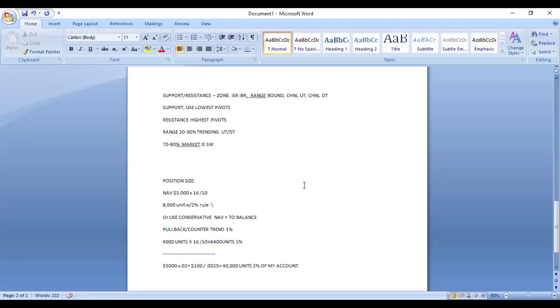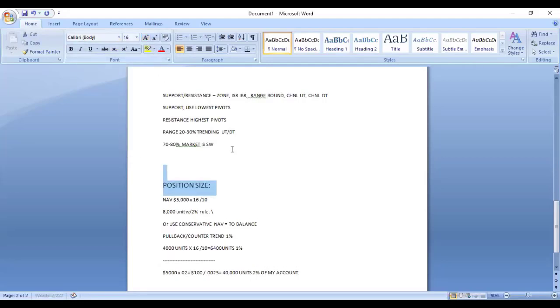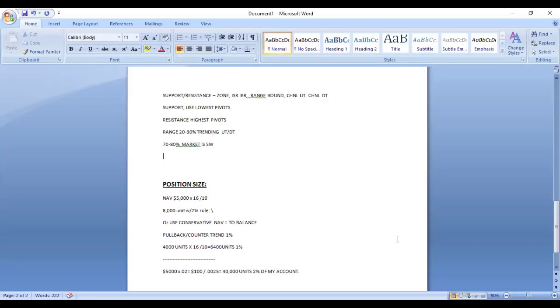Yep. I want to add a comment. Yes, sir. Nobody asked this question, but I just want to throw it out there. The reason why you use a 2% stop loss for the first trade is because the first trade should be at the pivot high or at the pivot low.